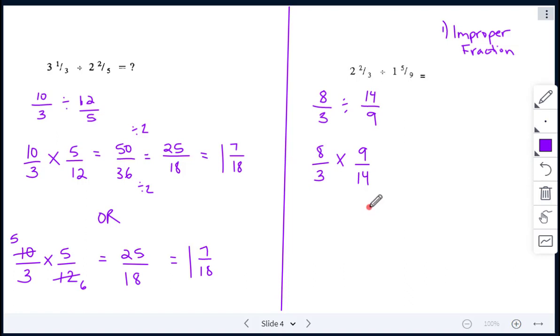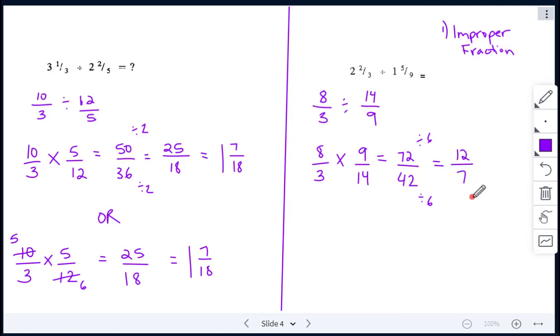So let's just multiply the numerators together. 8 times 9 is 72. 3 times 14 is 42. And then from here, we would have to reduce. So both 72 and 42 are divisible by 6. So our answer is 12 over 7.